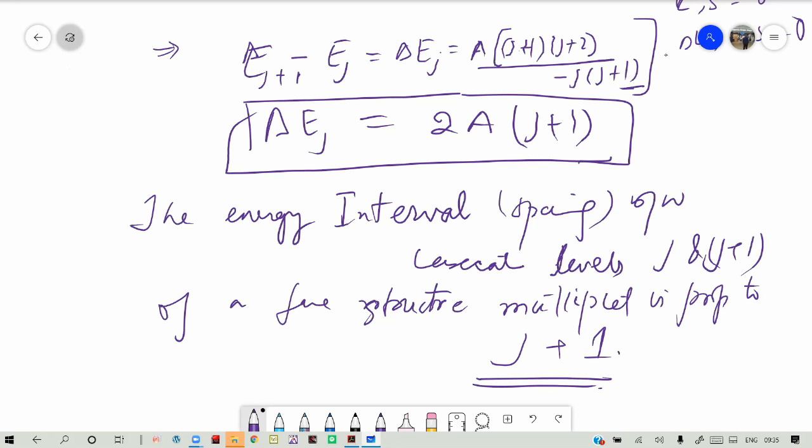That means it depends on the larger of the two J values involved there.